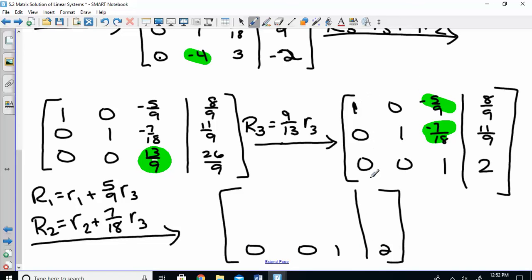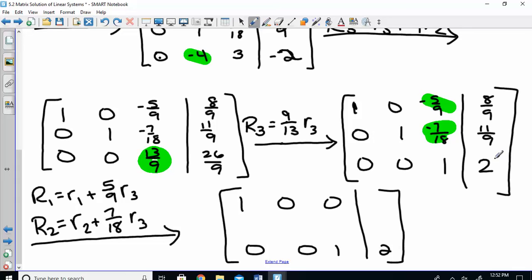Row 3 did not change. 1 plus 5 over 9 times 0 is still 1. 0 plus 5 over 9 times 0 is still 0. Negative 5 over 9 plus 5 over 9 is 0.